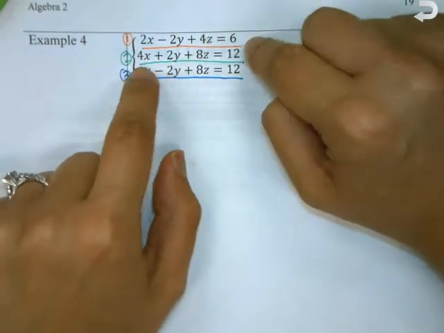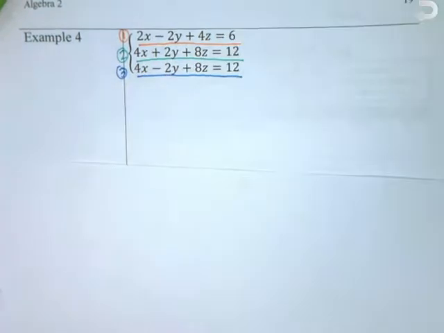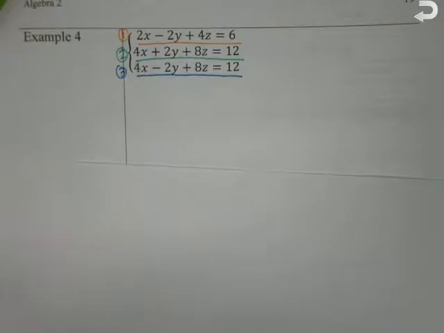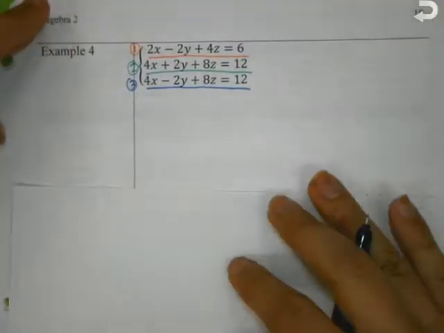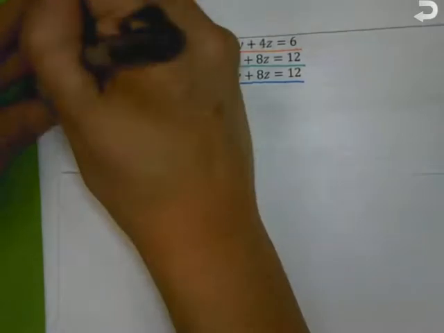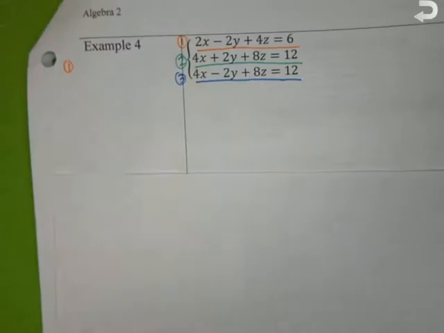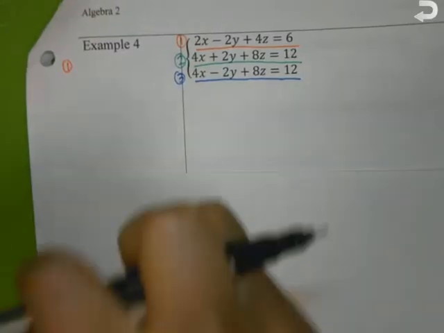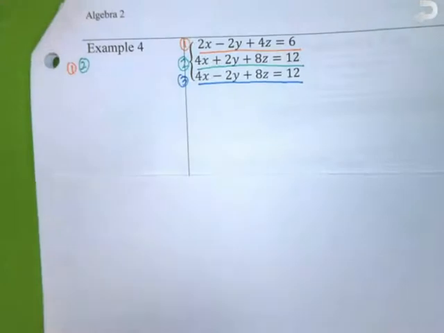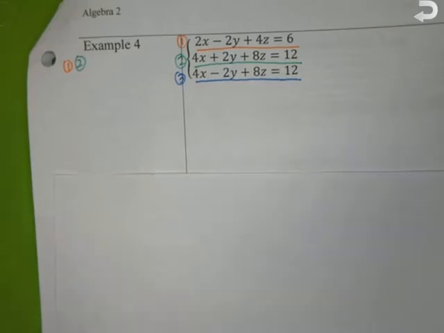I'm going to do it off in the margin. So let's do 1 and 2. Nope, 2 is green. Okay, so equation 1 is 2x minus 2y plus 4z equals 6.